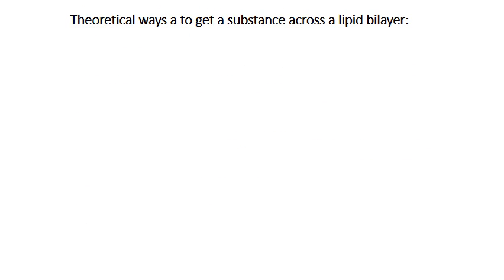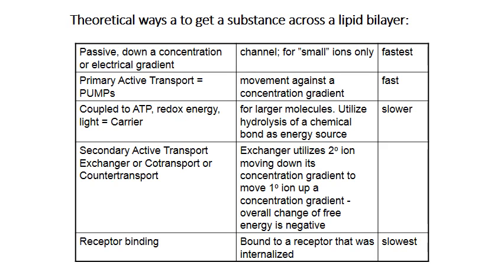All right, what are the theoretical ways to get a substance across a lipid bilayer? Again, do your own thinking and pause for a moment. All right, welcome back. We have passive movement of substances down a concentration gradient or down an electrical gradient, which we've seen when channels open.